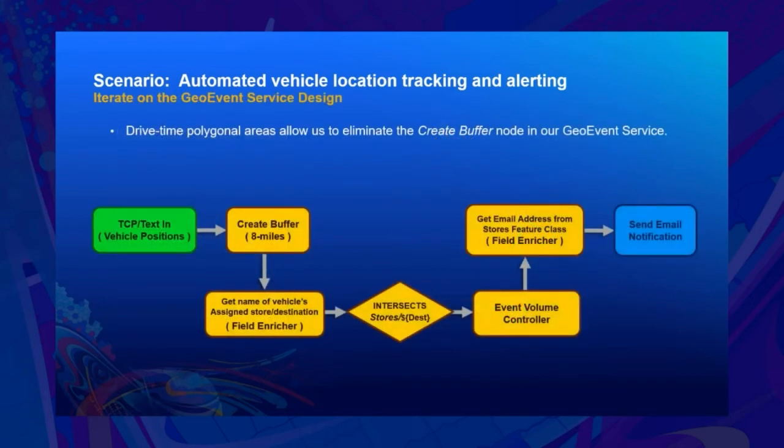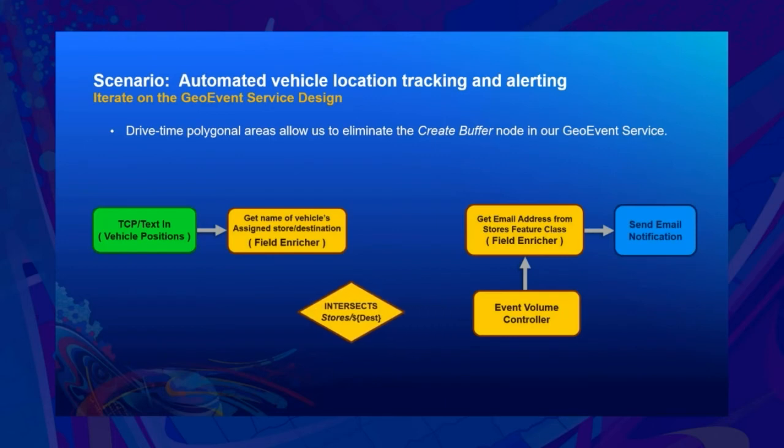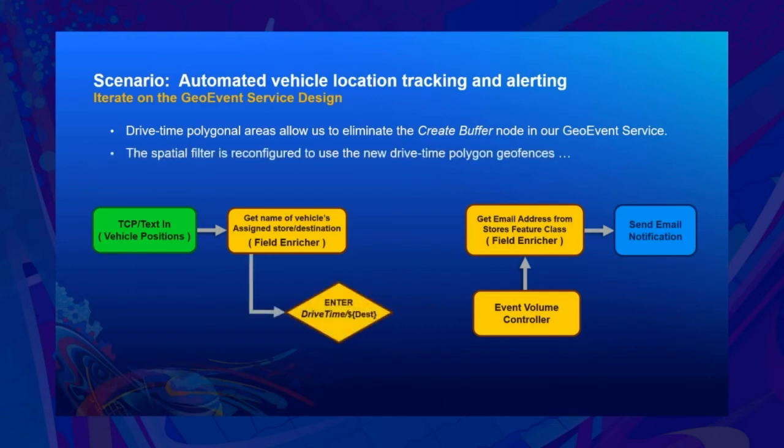Looking back at our GeoEvent service, we want to remove the buffer creator processor and slide the field enricher up so that we enrich vehicle telemetry with the destination store as early as possible. Then we can configure the filter to look at a collection of polygon geofences in a drive time category rather than point geofences in the stores category. Notice that we still name the approximate drive time polygonal geofences with the unique name of the store they surround.